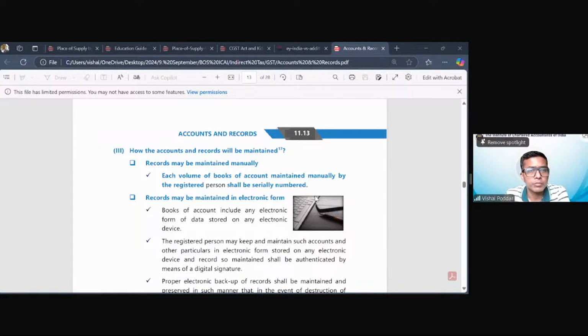Yes, Nitish. Sir, a construction company has a project of residential apartments. Is it eligible to take ITC? No, beta.